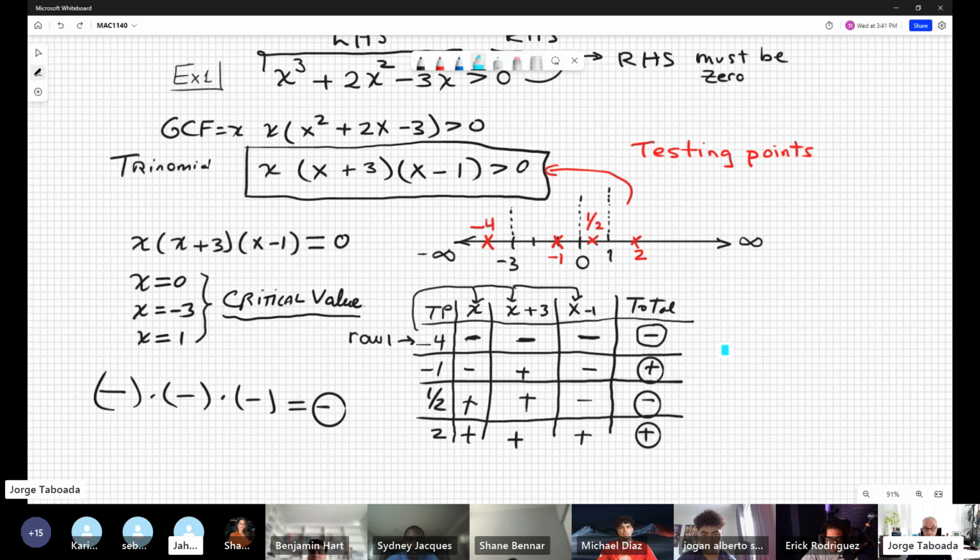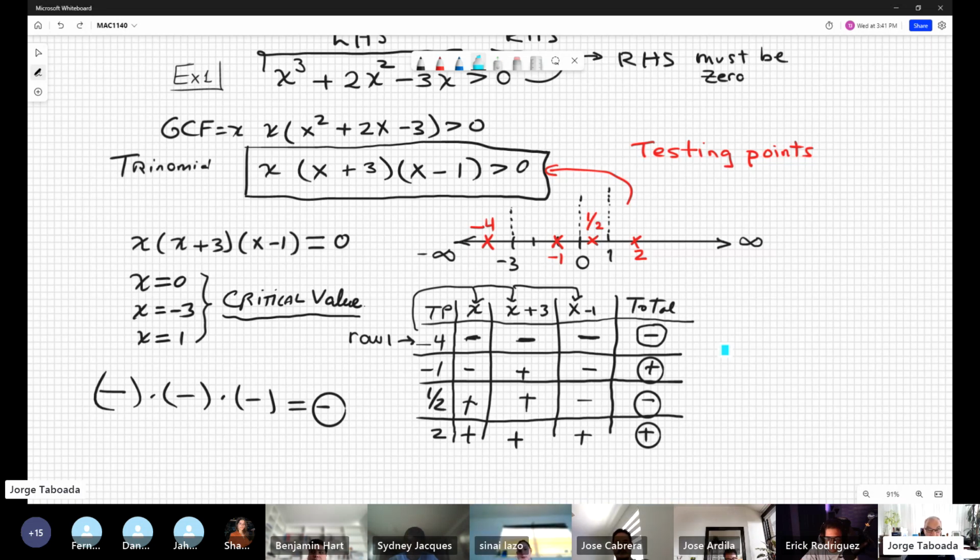The right point is between -4 and +2. Actually, remember, the critical values are 0, -3, and +1. And these determine the partition. I put a dotted line to indicate the partition. These 3 critical values generate 4 intervals, and these 4 intervals generate 4 testing points.